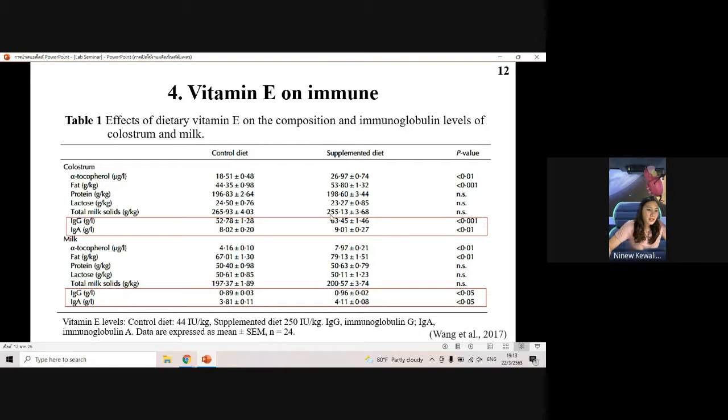We can see here that supplementation of vitamin E can enhance the level of immunoglobulin in colostrum and milk, and it can be transferred to the piglet.